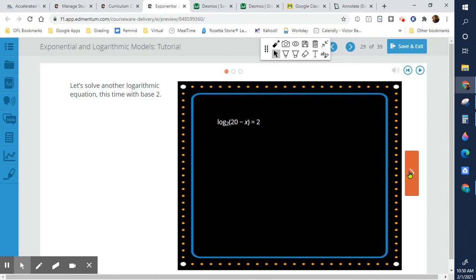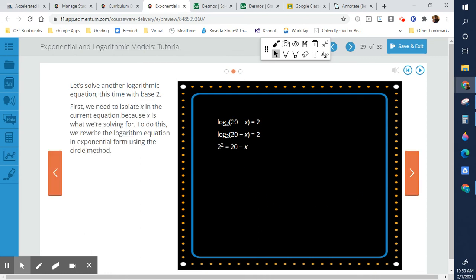Base 2. Well, another thing we can do is we can essentially say, why don't we raise this to the second power? What I don't like here is they didn't show the part where we said log base 2. They switched sides before they did this part.